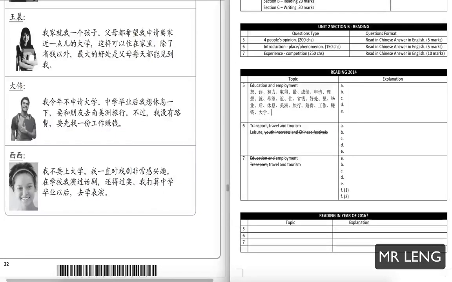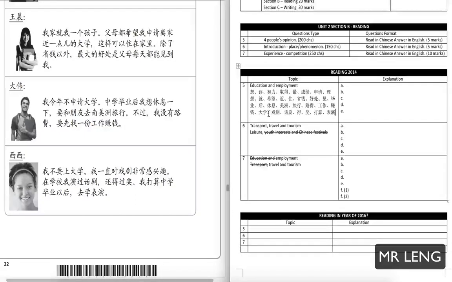大学 university. Why? 对戏剧感兴趣，戏剧 drama 感兴趣。Okay, 话剧 play, 奖得 receive, 奖 prize, 打算 plan, 表演 acting, performing.